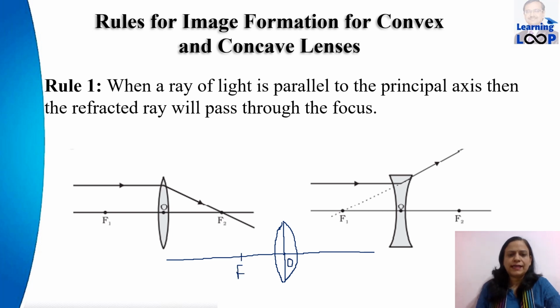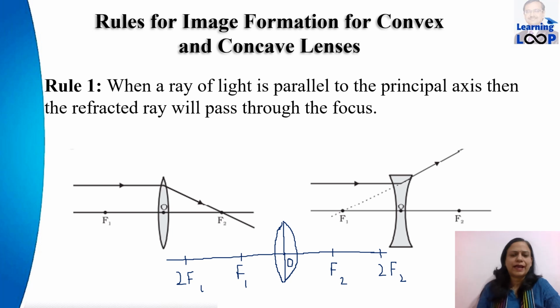Now, since a lens is a transparent piece of glass, it has focus on both sides. So we can mark this as focus 1 and this as focus 2. In case of mirrors, we used to mark the center of curvature. In case of lenses, instead of center of curvature, we mark the distance as 2f1, and on the right hand side also as 2f2.